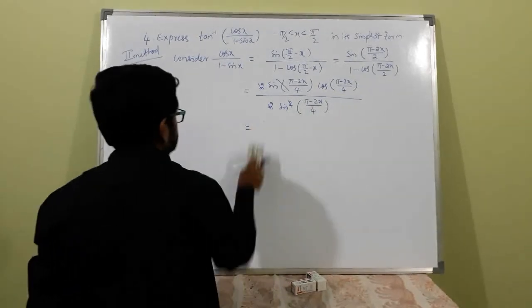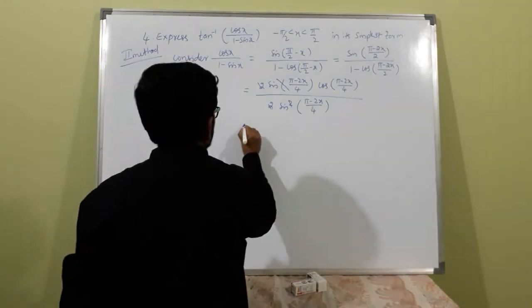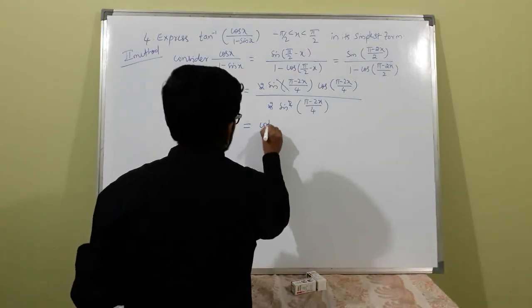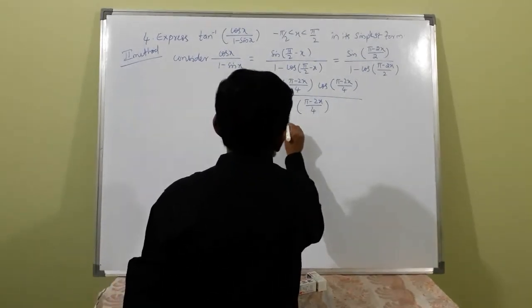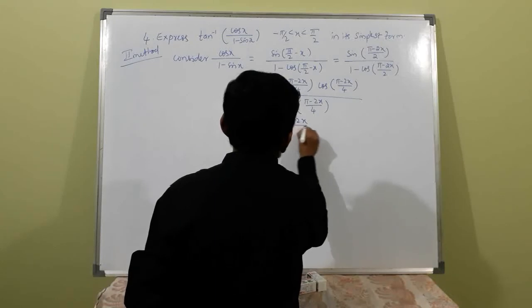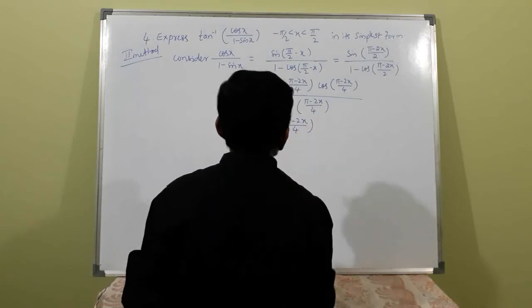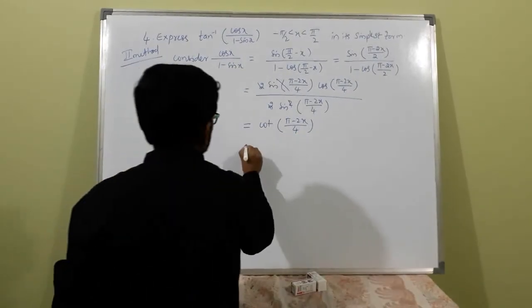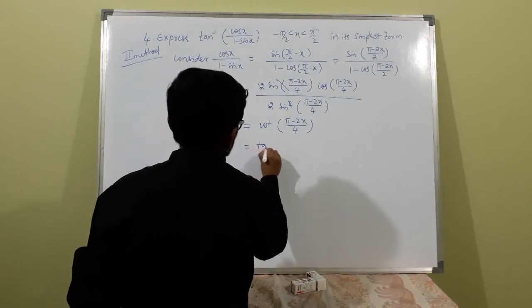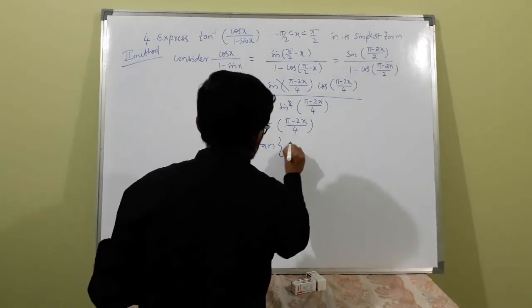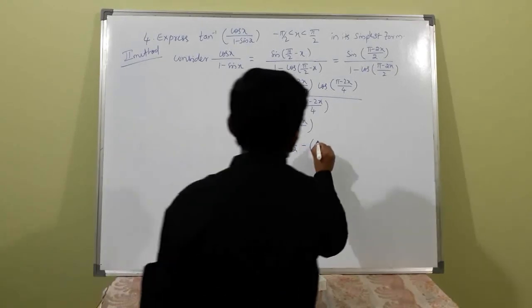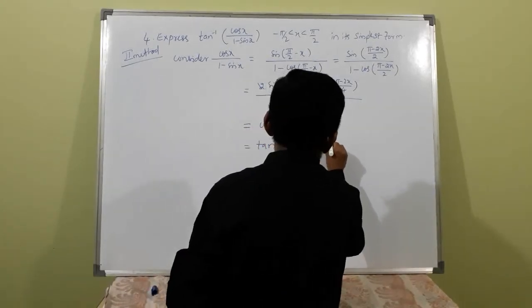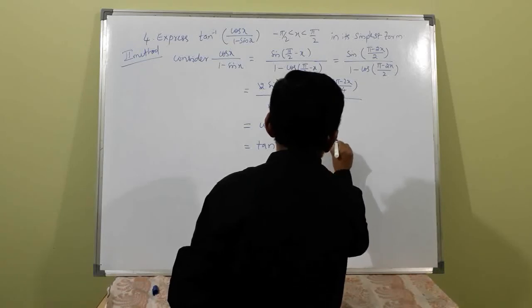This is cot of (5 minus 2x) by 4, or this can be written as tan of 5 by 2 minus this angle (5 minus 2x) by 4.